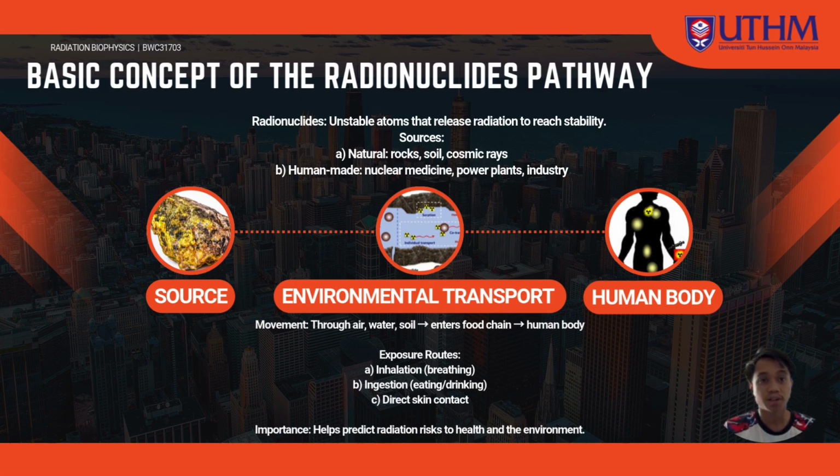The pathway typically involves three main stages: source, where the radionuclide originates; environmental transport, how it moves through air, water, or soil; and exposure pathway, how humans or organisms are exposed, either by breathing it in, eating contaminated food, or absorbing it through the skin.